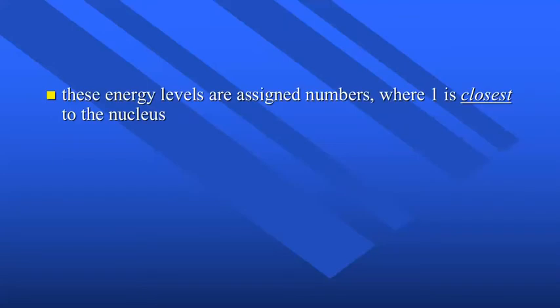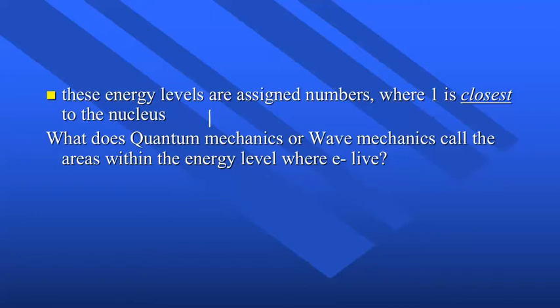Okay, these energy levels are assigned numbers. So nothing is creative as hell. They assign them numbers. So the town closest to the nucleus is 1. Then there's a town further away, it's 2. The town further from that is 3. Further? 4.